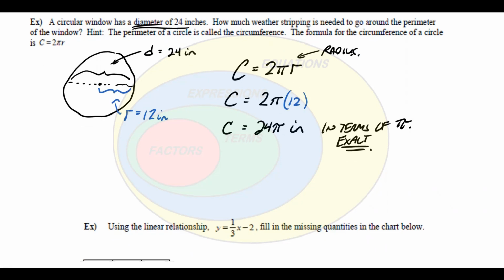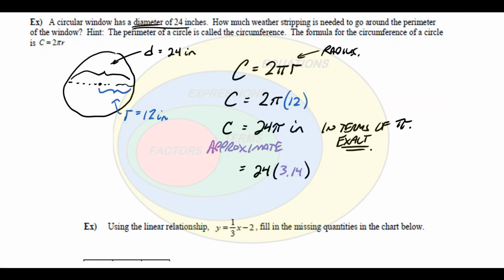So if we want to approximate our answer, then what we do is we take 24 times an approximation for pi, and a lot of times they use 3.14 as an approximation for pi.